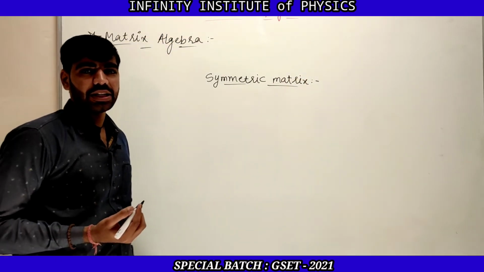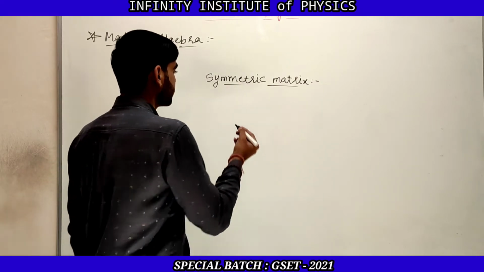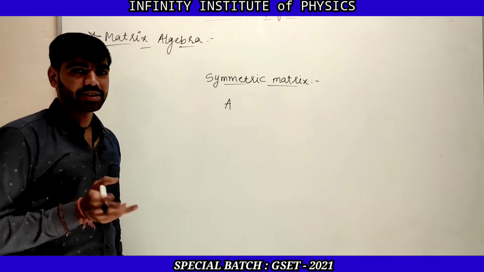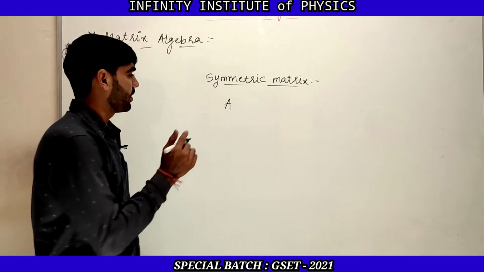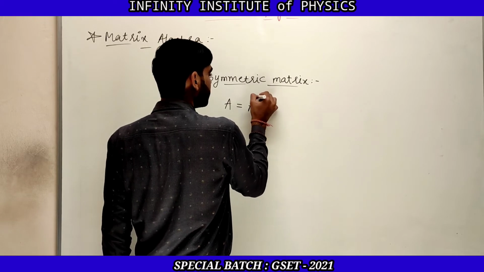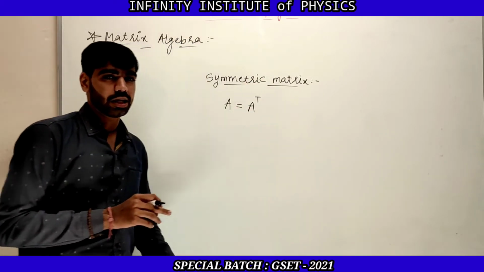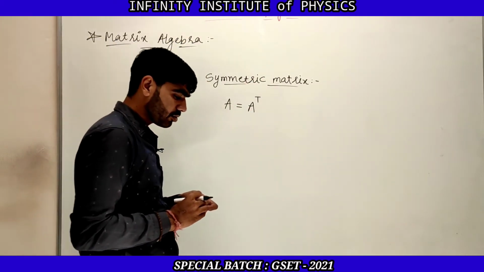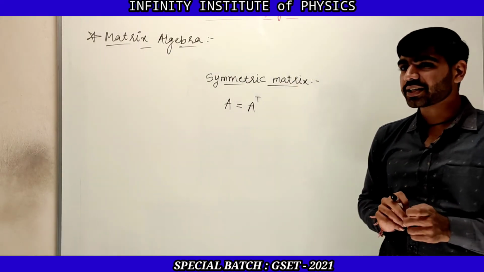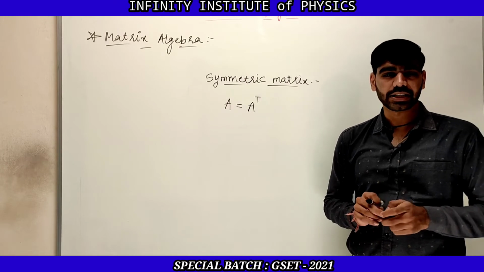A matrix A of order n, that means we are considering a square matrix. A matrix A is said to be symmetric if it is the same as its transpose. That means if A is equal to A transpose, then the given matrix is said to be symmetric.